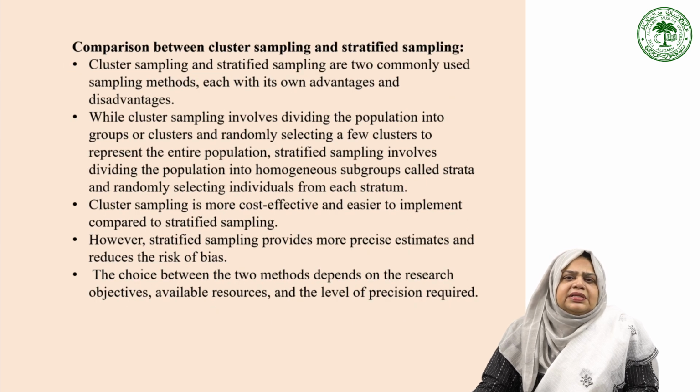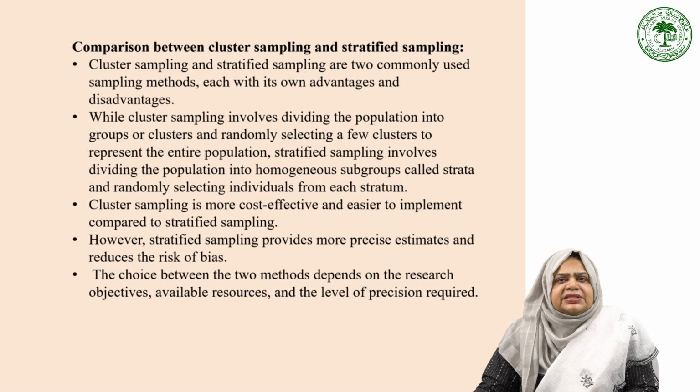When we compare cluster sampling with stratified sampling, we will find that both methods are commonly used, each offering different advantages and disadvantages. Cluster sampling involves dividing the population into groups or clusters, and randomly selecting a few clusters to represent the entire population.